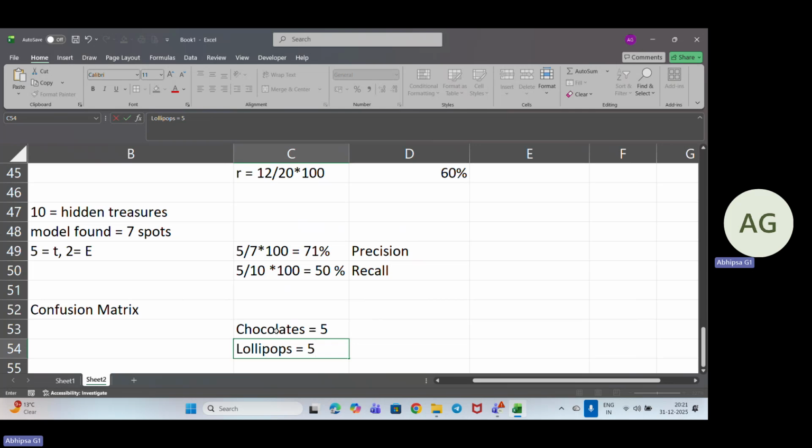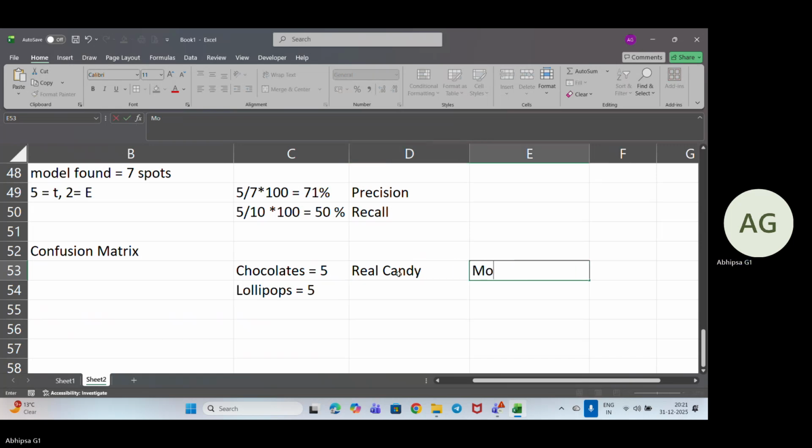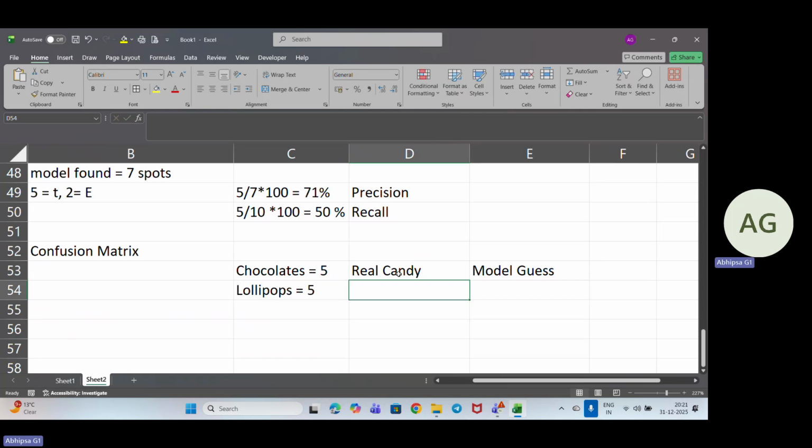Now we get the real candy and the model guess. Suppose the real one is chocolate, and it has also predicted chocolate.